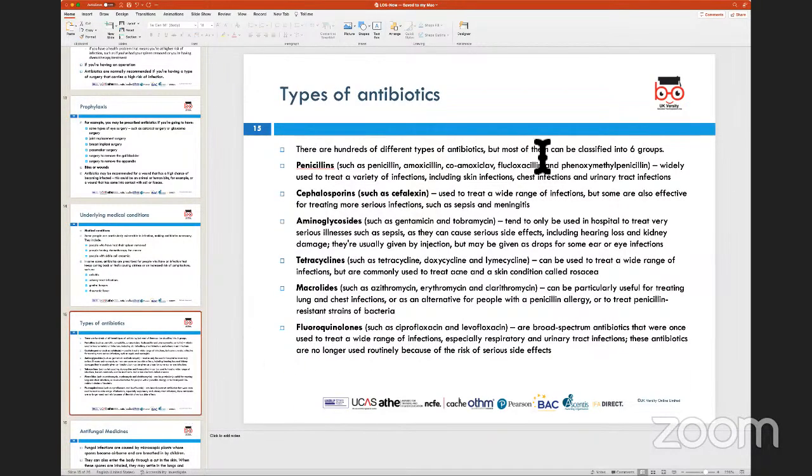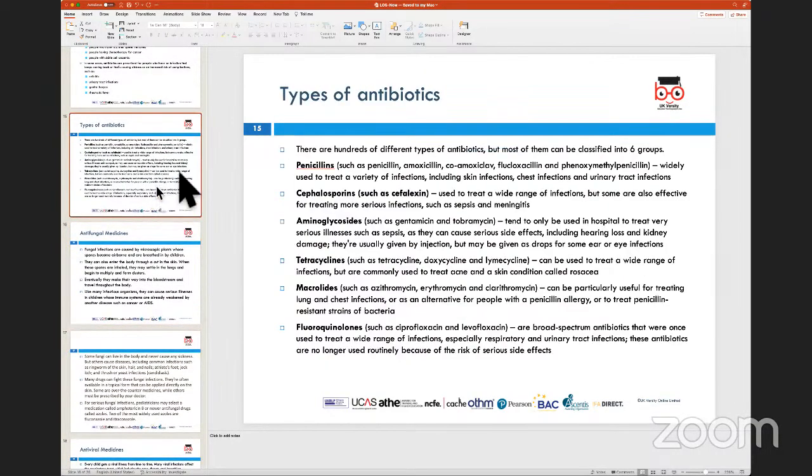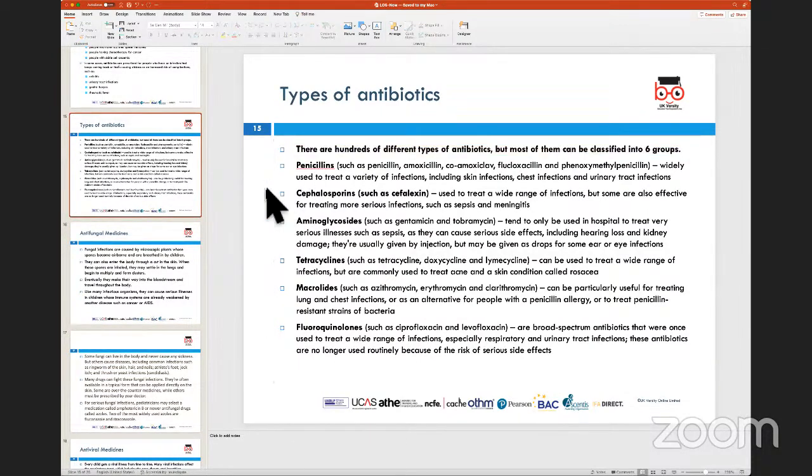Now, we need to go into different types of antibiotics. Antibiotics are a specific drug which is used against bacterial infections. When we talk about antibiotics, there are 6 different types or categories. They will be classified as penicillins. That is the main chemical compound.